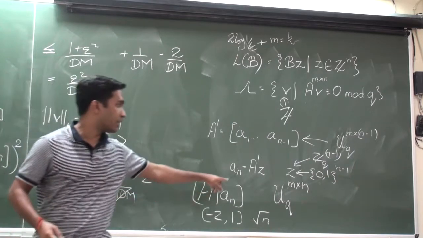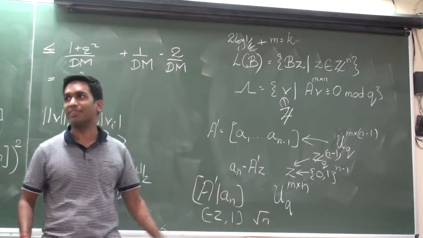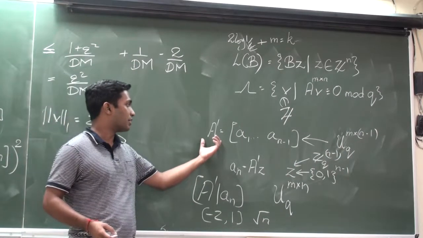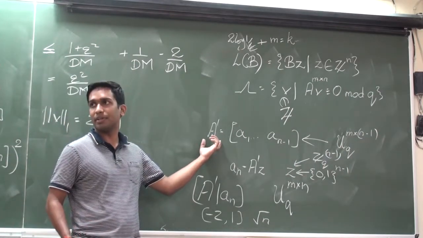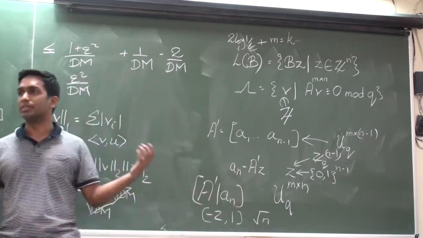Observe that I'm not just outputting A n, I'm outputting A prime as well as A n. So collectively it should look random, not just A n. That is what the extractor is doing. I'm revealing the random vectors I have been using, as well as the final vector which I'm creating from this A dash.